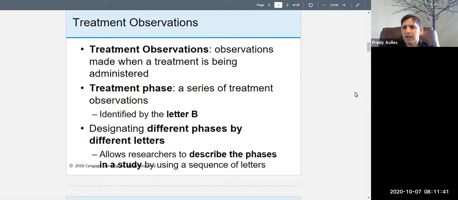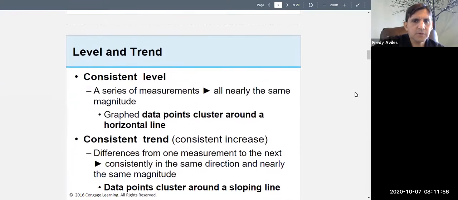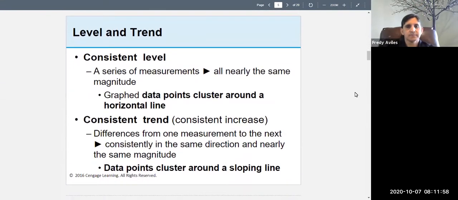So it's kind of a shorthand, right? Using A and B, for instance. A, B basically means that first they observe when there's no treatment, and then they observe during treatment, and they know what happens. Okay, let's keep going. There's other terminology.